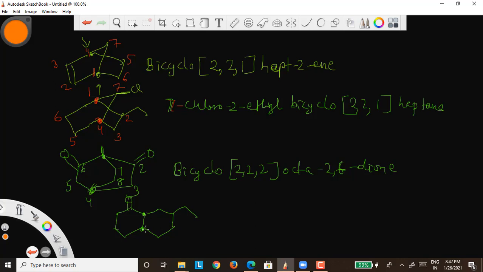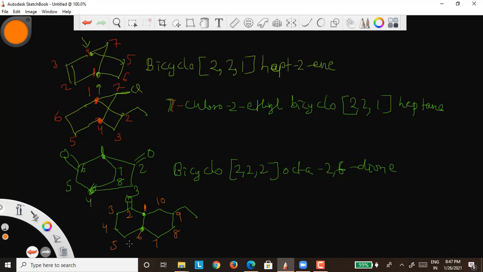You start 1 from here or from here. Why 1 here? This side has no functional group, this side has this functional group. So this side 1, 2, 3, 4 carbon, this side also 1, 2, 3, 4 carbon. So 2 will be on this side or this side. Since ketone has more priority than alkyl group, it should be 2. 1, 2, 3, 4, 5. Okay. So this should be continuous 6. After that this will be numbered 7, 8, 9, 10.